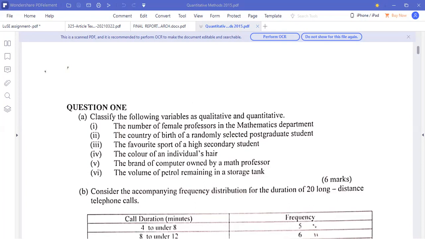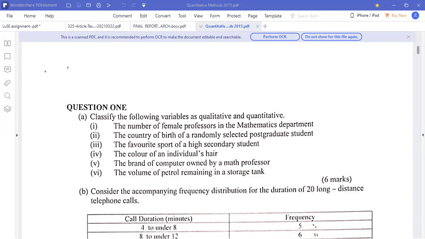Same with qualitative data. We have what we call nominal and ordinal. Like we were trying to explain with our quantitative data, one of them is overlapping and the other one is distinctive.